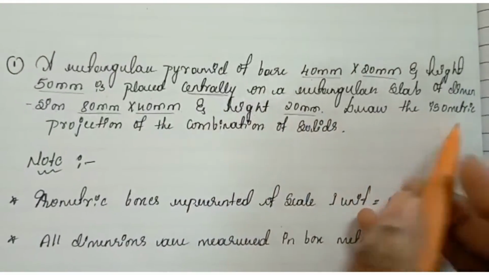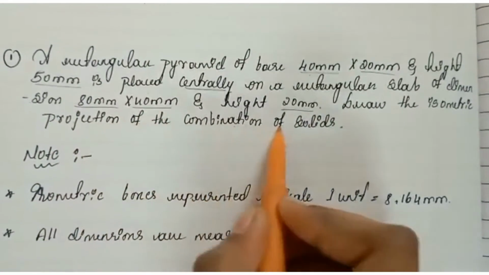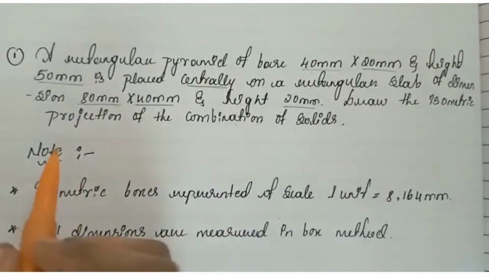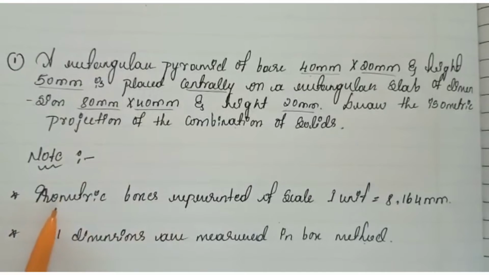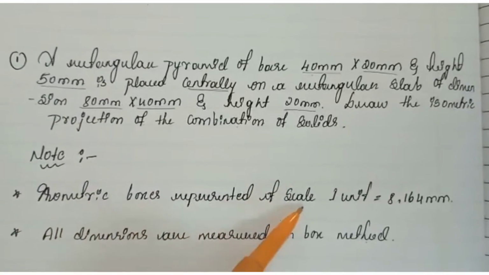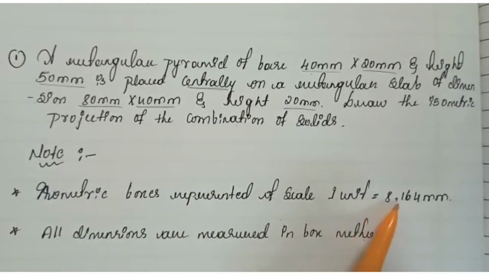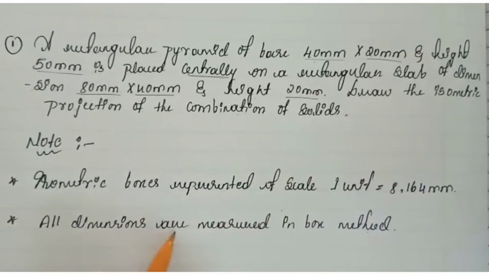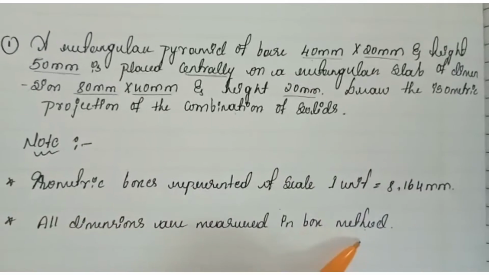Draw the isometric projection of the combination of solids. For this question, consider isometric boxes where 1 unit is equal to 8.164 mm, and all dimensions are measured in the box.